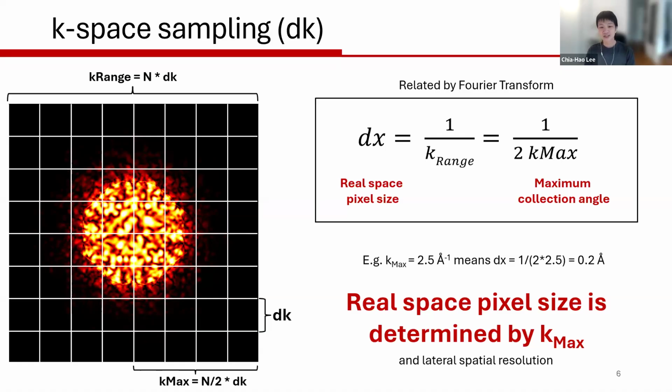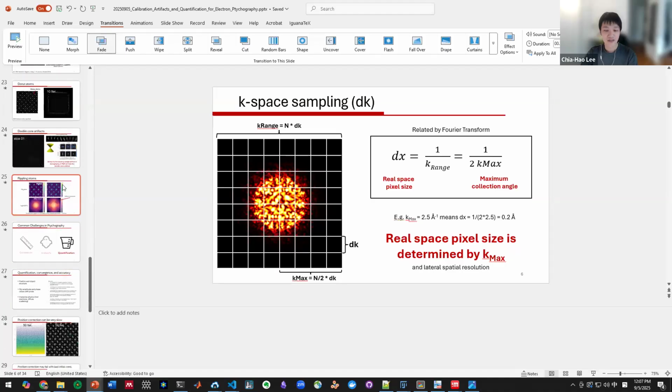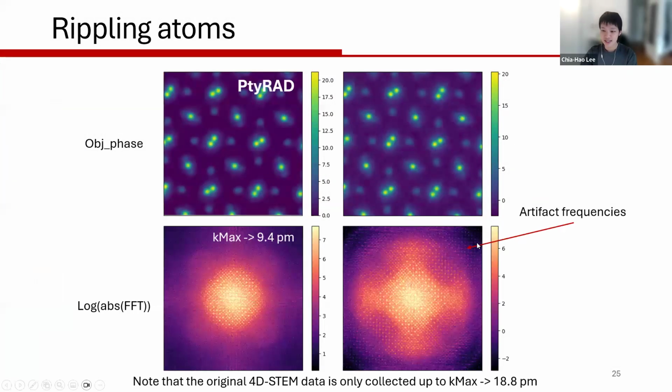So say I reconstructed something incredibly sharp. I can see spatial frequency up to maybe 10 picometers, and even smaller up to here. But these spatial frequencies are not provided by your data. So essentially you are reconstructing something beyond your data, which, as a microscopist, I feel very skeptical about.